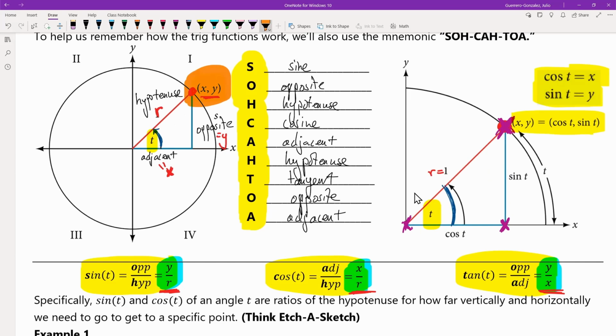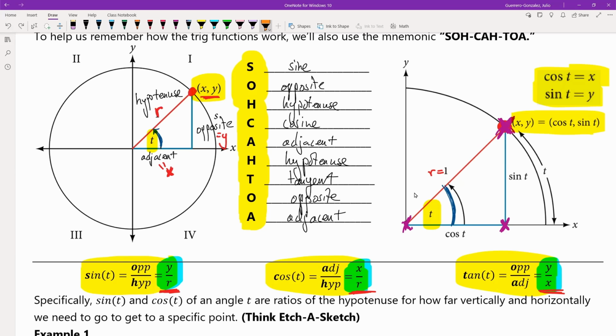They're a fraction of either the horizontal or the vertical component compared to the hypotenuse of your triangle. Okay, that sounds super complicated.